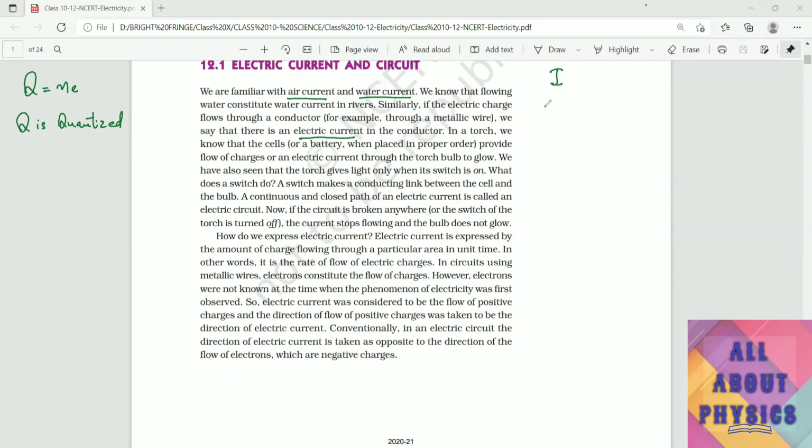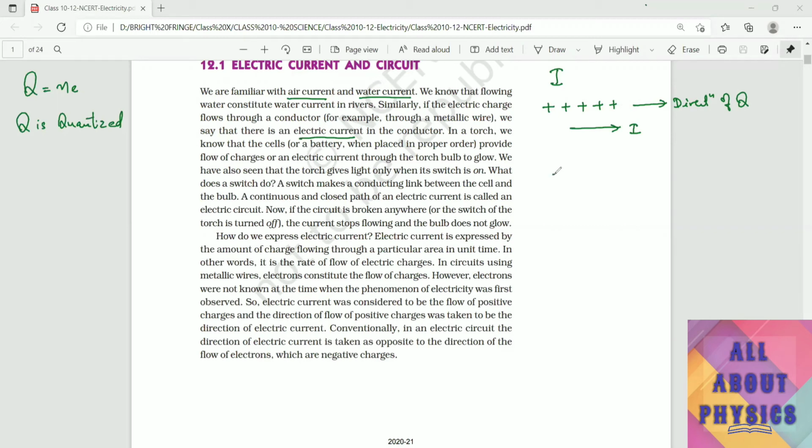Okay? See, in case of positive charge flow, this is the direction of charge. This is the direction in which positive charge is moving, right? So current flows in the same direction. Direction of current is the same as the direction of positive charge.